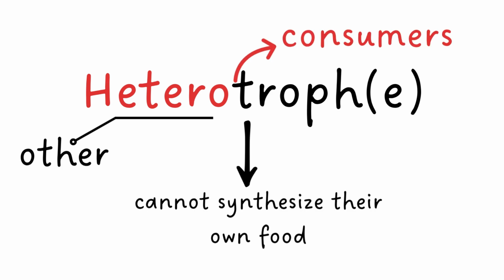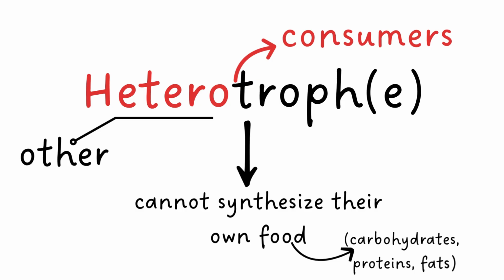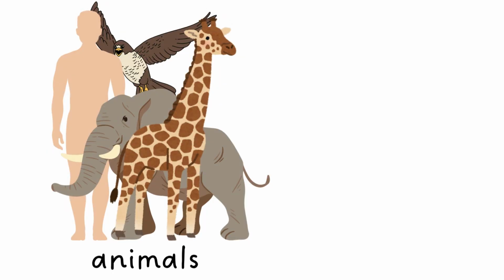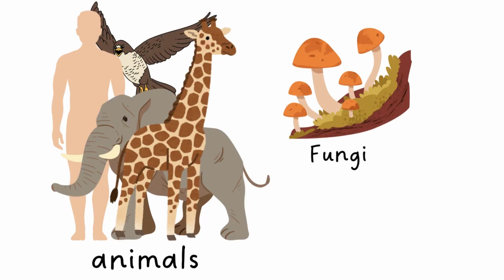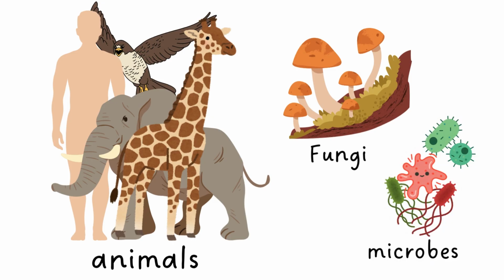They are consumers in the ecosystem, so they rely directly or indirectly on autotrophs for food. They consume preformed complex organic molecules like carbohydrates, proteins, and fats from their food source. So, heterotrophs include all animals, and yes, you and I are included, fungi, and microorganisms.